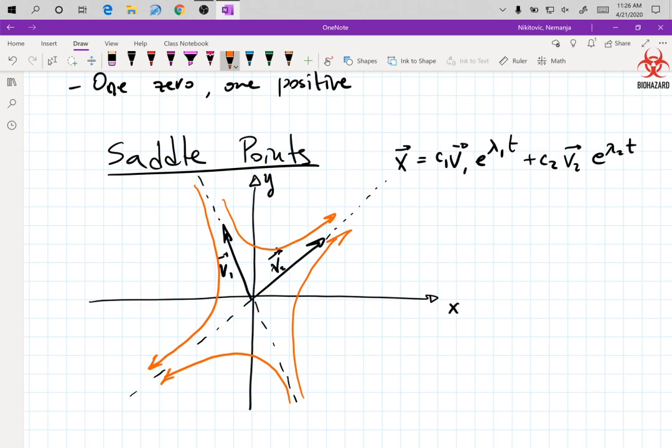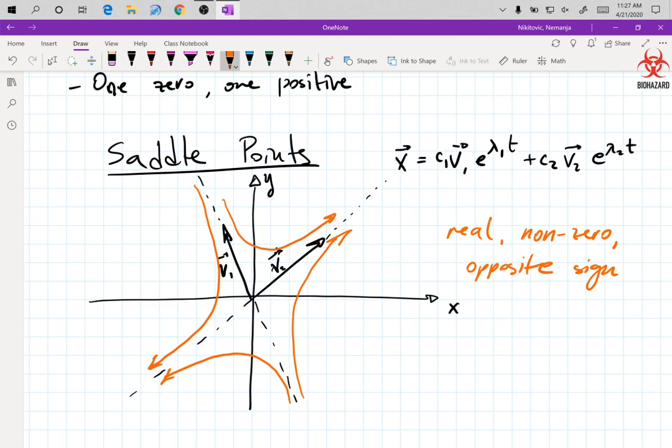And this is what is happening when you have your solutions of lambda being of opposite signs. So both real and non-zero, and opposite sign.